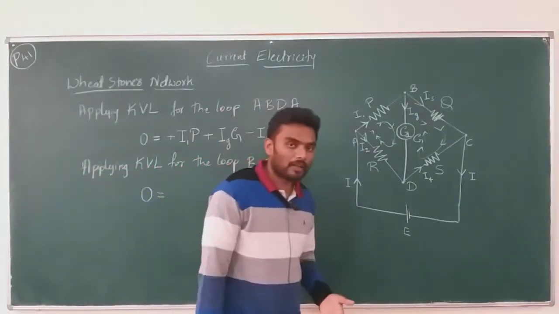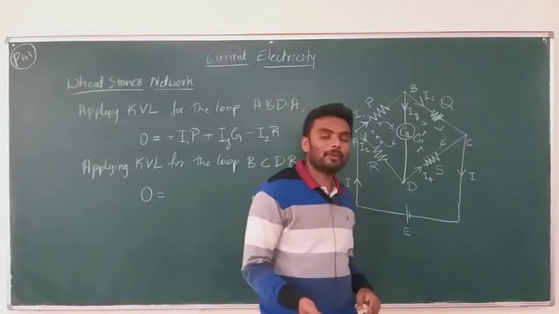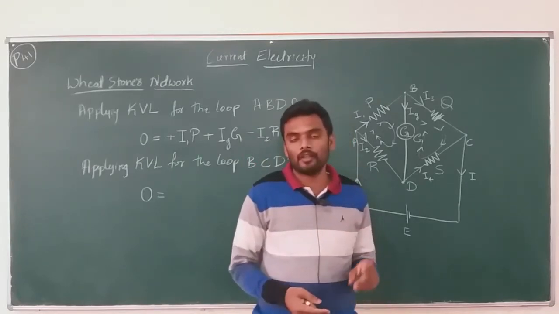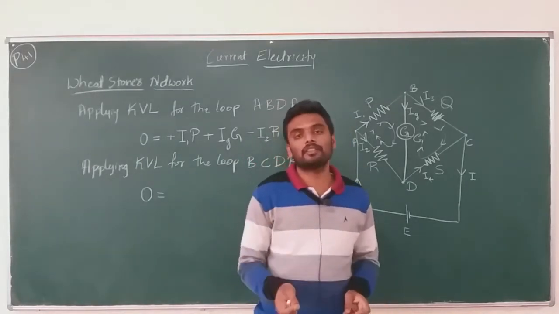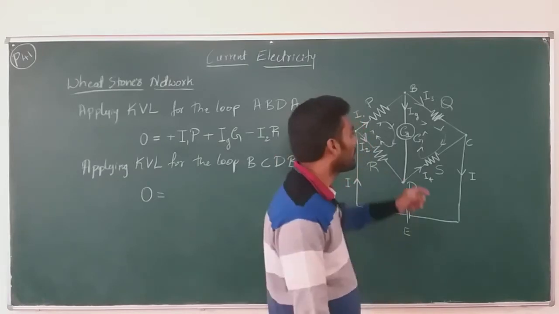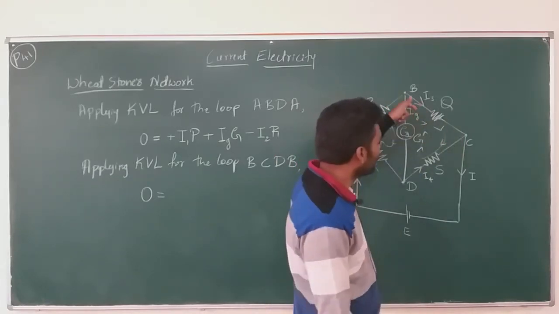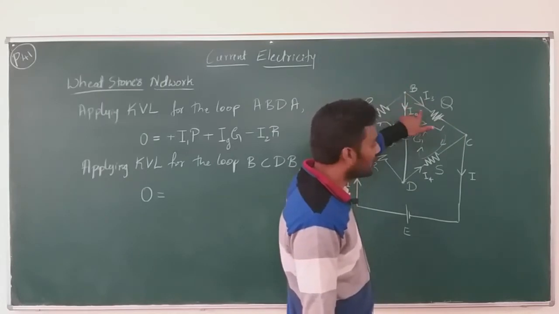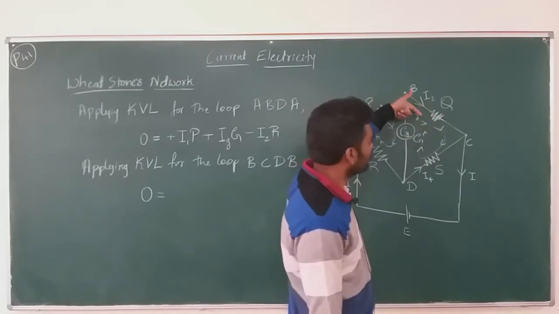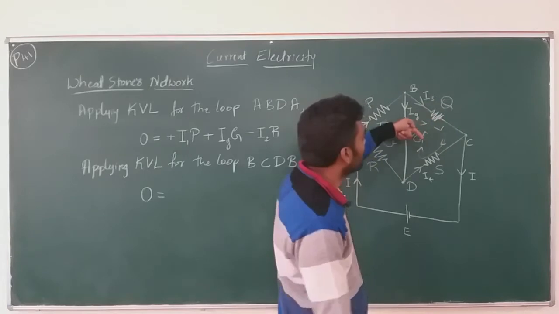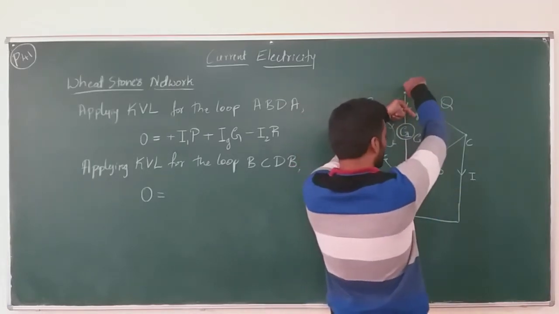Now, the RHS part is the algebraic sum of currents and the resistances. Now, I will start from B. You look from B to D, what is happening here? You have current I3 flowing through Q, right, like this. Now you see what's happening here.